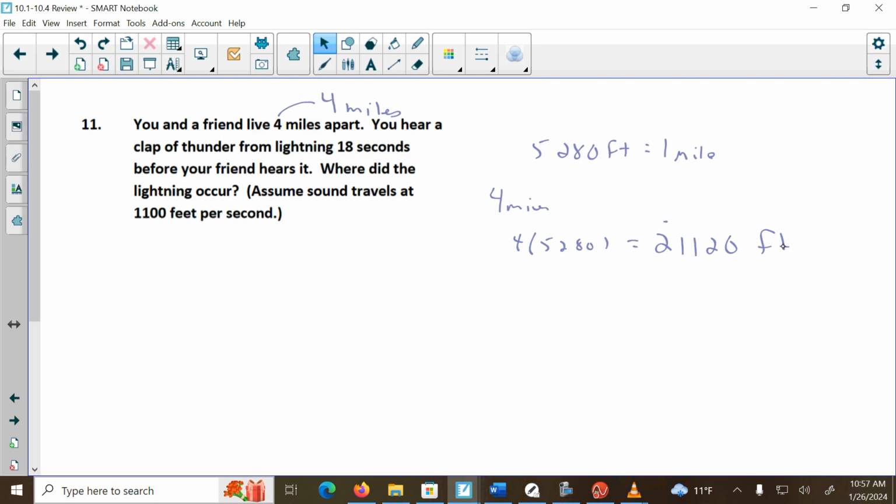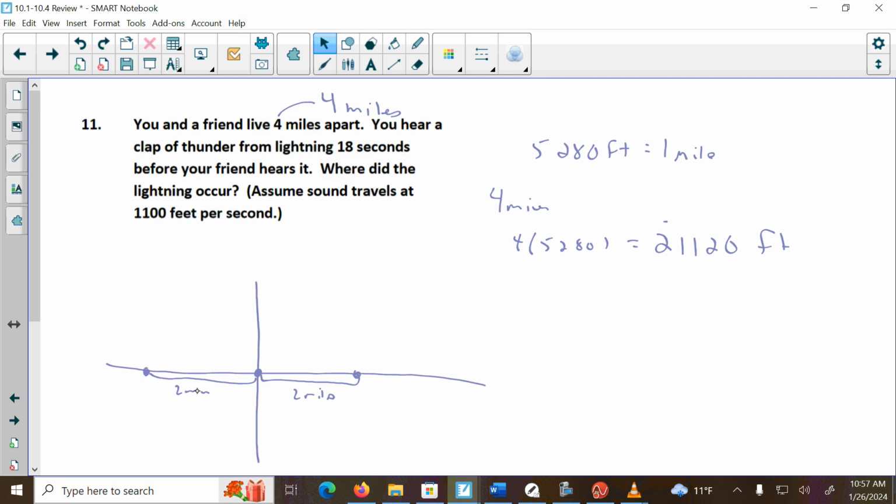So if I do this, I'm going to set up my hyperbola. I am going to put me here, my friend here. If we're 4 miles apart, that means we're each, this is going to be 2 miles, and this will be 2 miles. That'll give me the total of 4 miles.